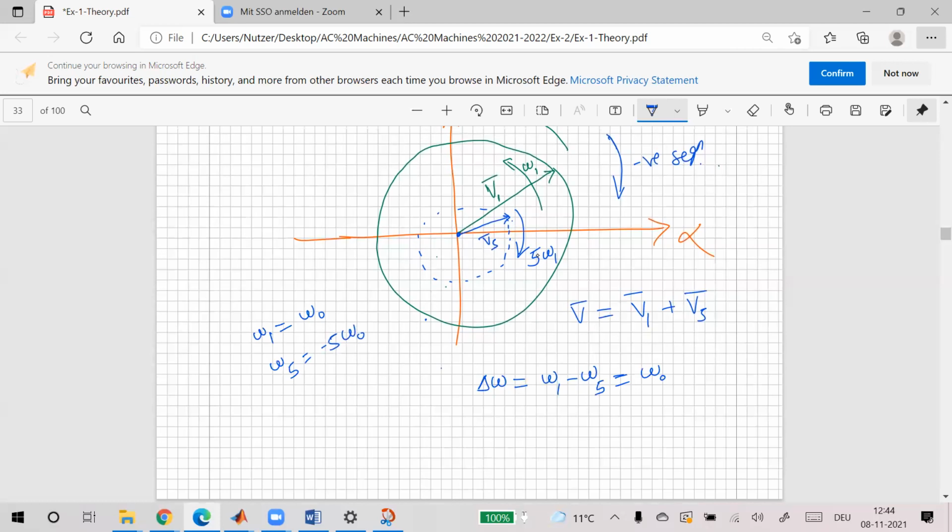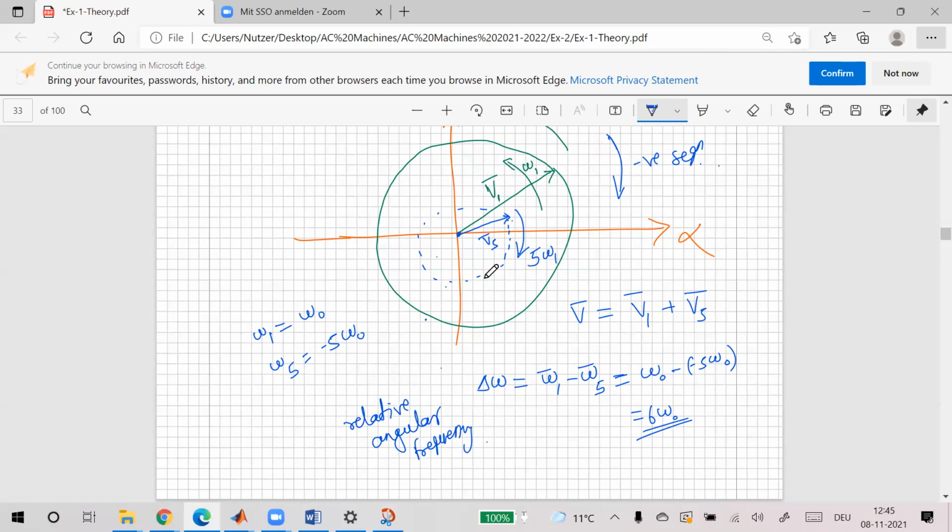When I write minus, it means it's a negative sequence frequency. So it's a vector, it tells you the direction. So omega naught minus minus 5 omega naught becomes 6 times omega naught. So this is your relative angular frequency.